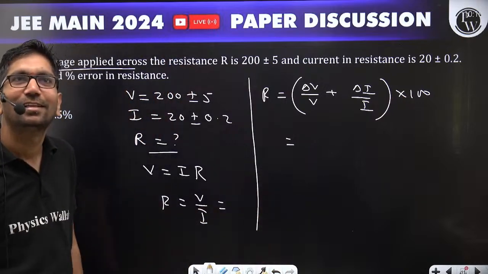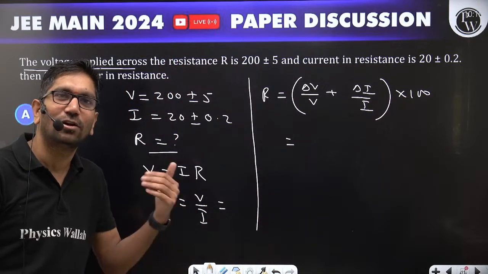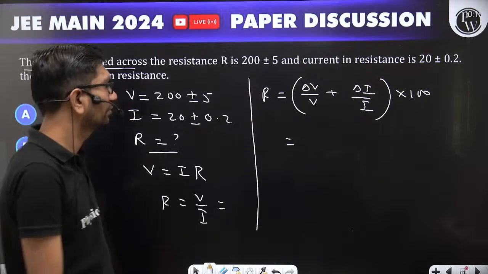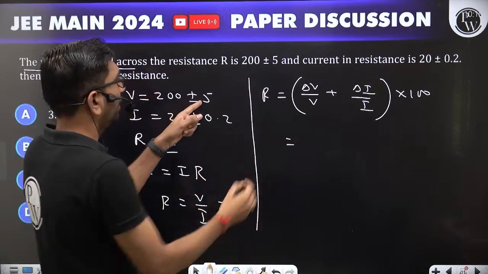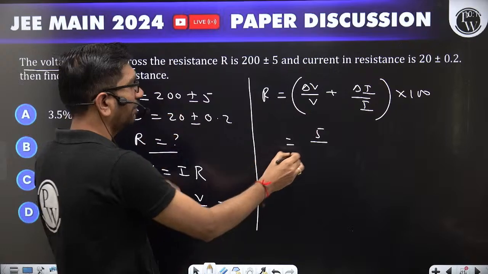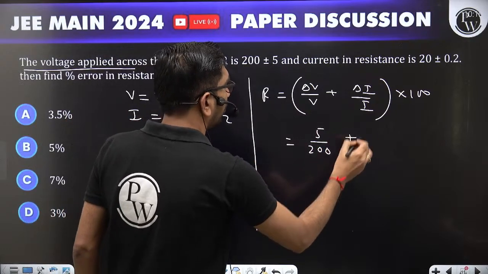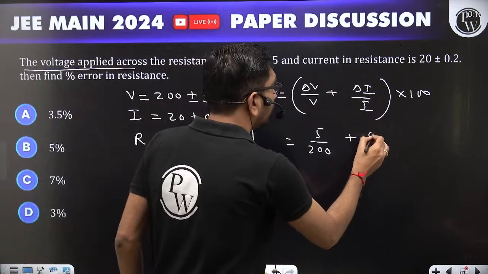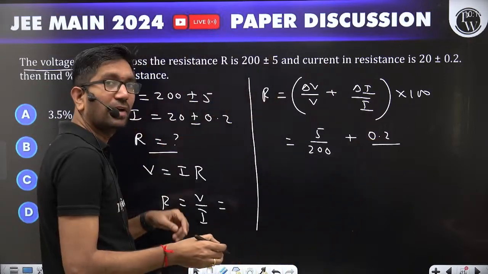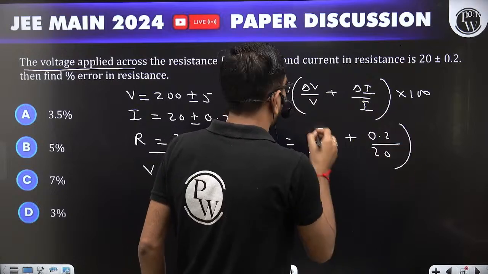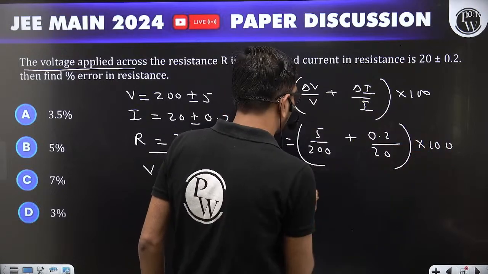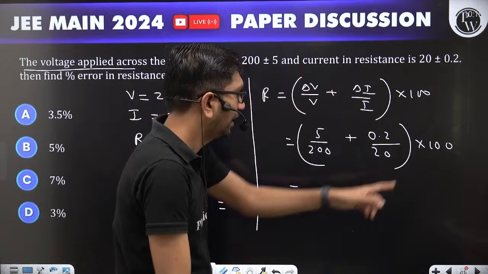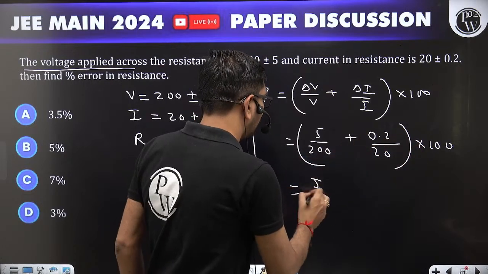In errors, always add. Delta V is 5 and V is 200, plus delta I is 0.2, upon the I value 20, into 100.